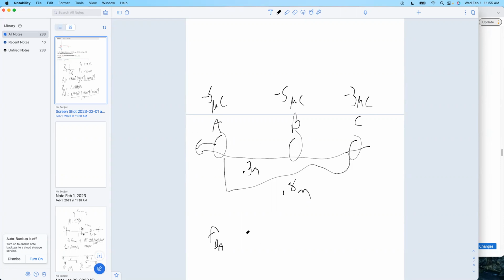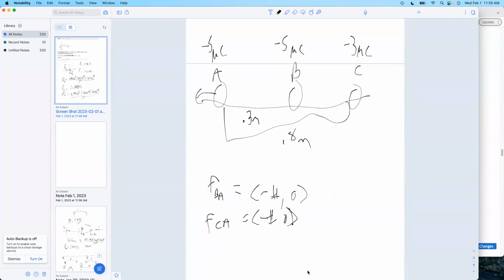He's going to push him back. So this will be some negative X component and 0 Y. And same thing for C on A. Some negative X and 0 Y. Okay. So we just get these answers and we add them together and it'll point toward the left. It'll be some negative number. Right.